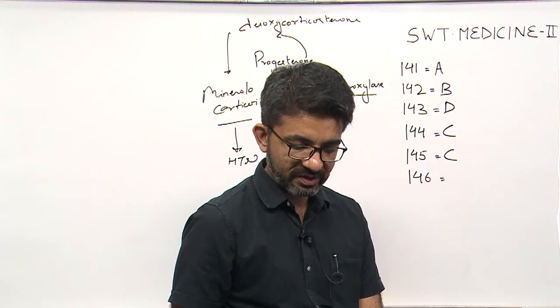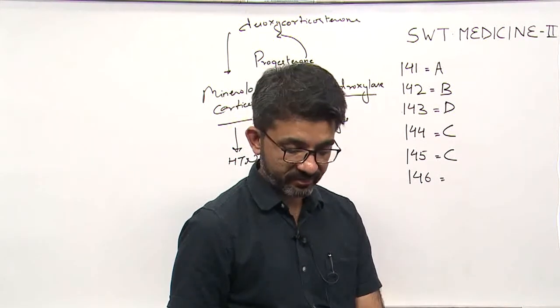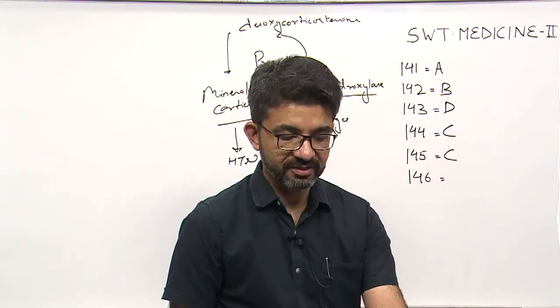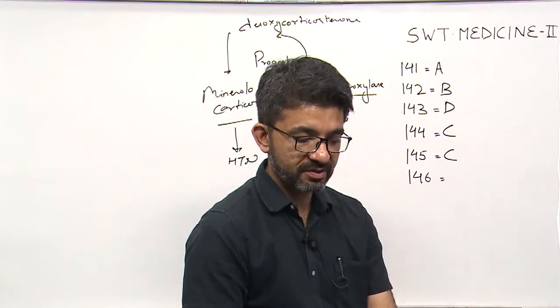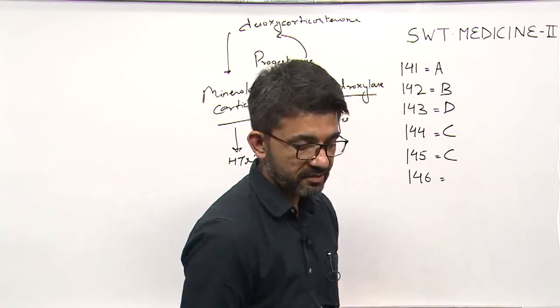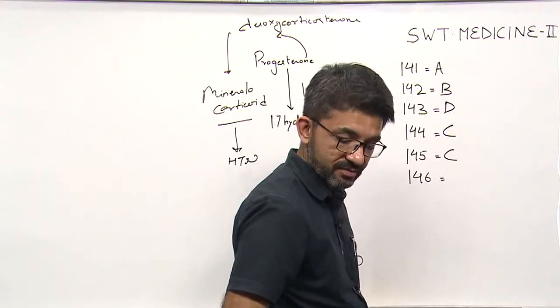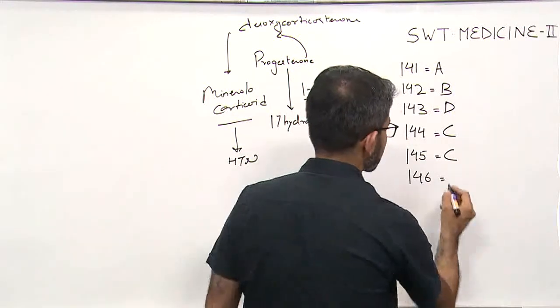So, either there is factor 12 deficiency or there is hemophilia A. So, the answer is factor 12 deficiency, because there is no bleeding during the surgery, right. And isolated PTT prolongation. So, answer is C.